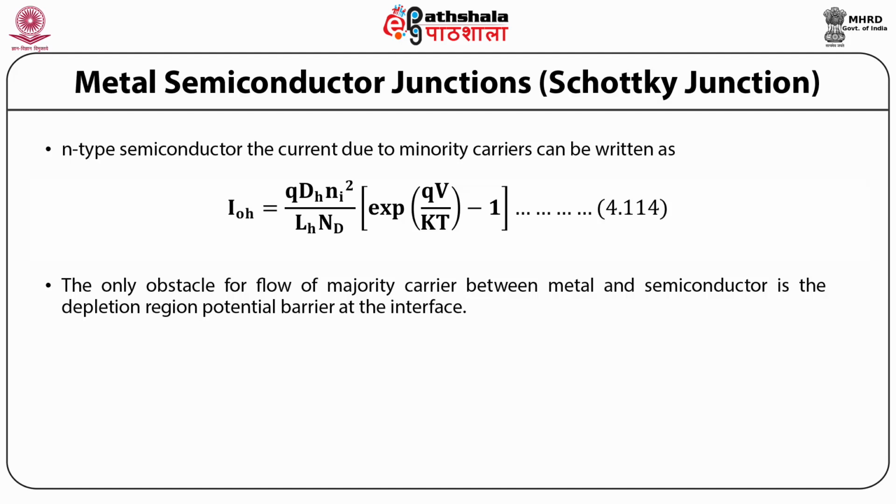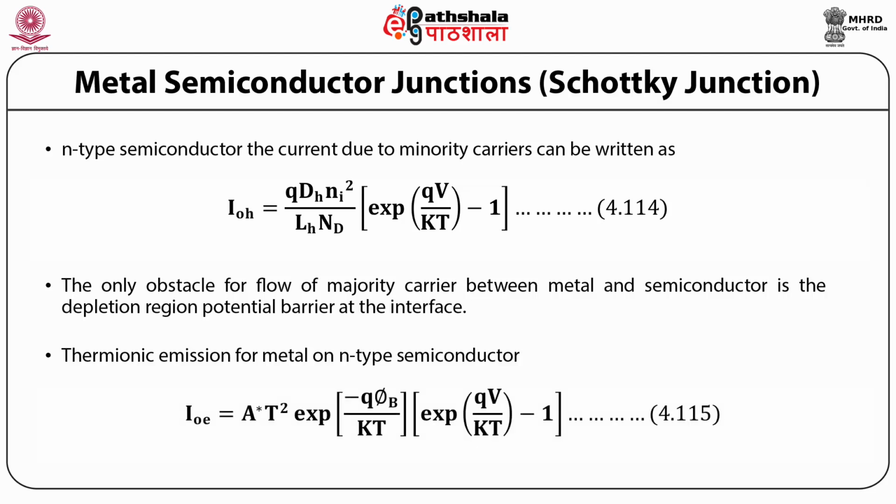The expression for thermionic emission for the metal on n-type semiconductor can be written as IOE is equal to A star T square exponential of minus Q phi b by KT multiplied by exponential of QV by KT minus 1, where A star is the effective Richardson coefficient.